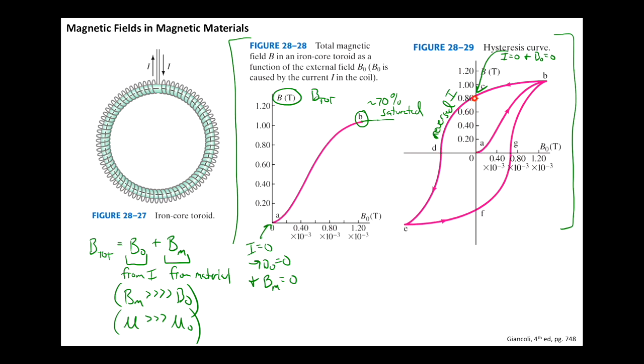So you might imagine at this point we're doing work to try to flip the magnetization domains the opposite direction, which at some point we can actually do, and that would be once we get to this point where there's no magnetic field in total. Then we can continue to ramp current that direction and eventually get it to fully magnetize in the opposite direction, get all the magnetic domains to go the other way. So let's add a point here. We'll say that this is magnetized in the opposite direction.